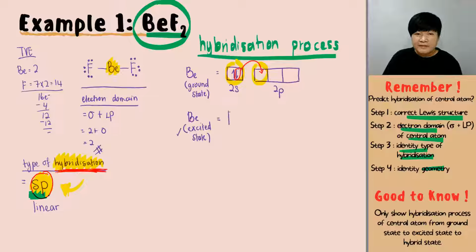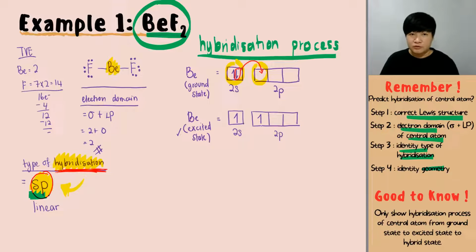So, in the excited state of beryllium, the 2s will only be left with one single electron, and one of the electrons will already be moving up to your 2p orbital. Alright, it's being excited to the 2p. And then you can see your sp orbital can be produced when we have your beryllium hybrid state.